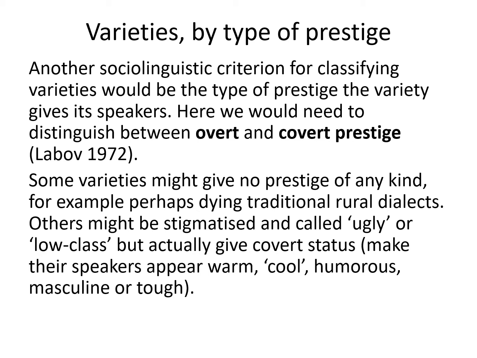So some varieties might give no prestige of any kind, for example, perhaps dying traditional rural dialects. Others might be stigmatized and called ugly or low class, but actually give covert status, hidden status, hidden feelings of this sort that make their speakers appear warm, cool, humorous, masculine, or tough. These are the qualities.